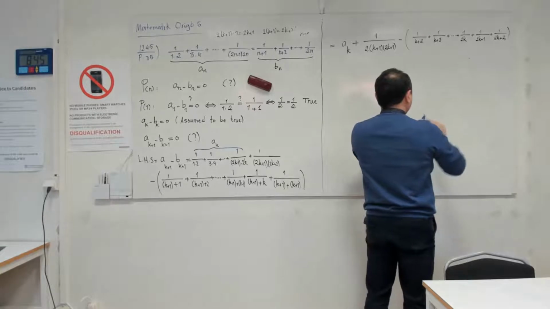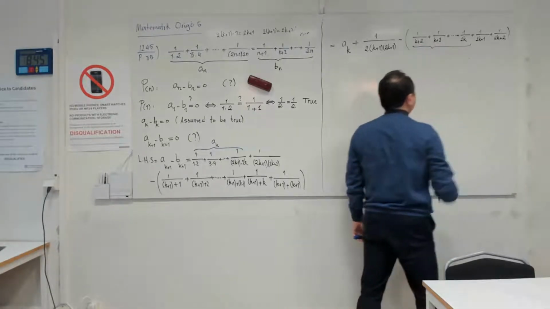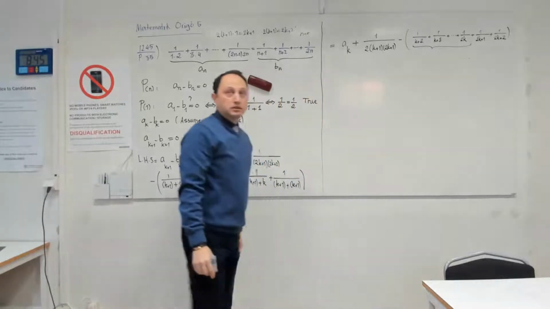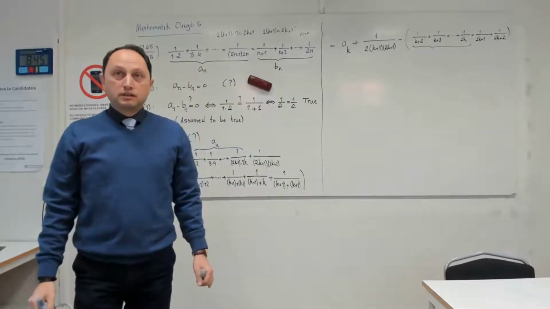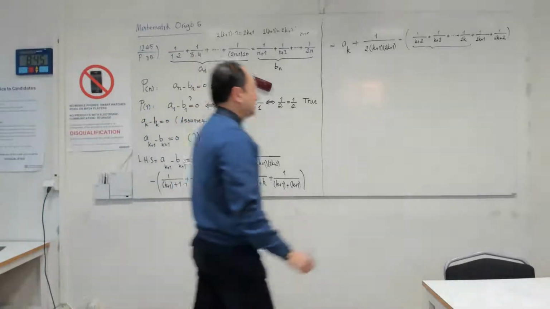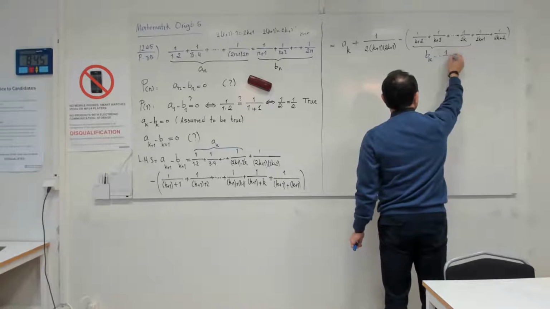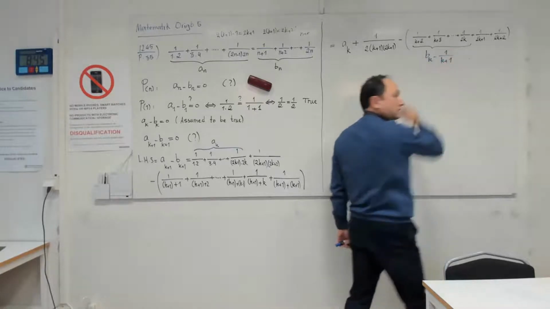So what can I write instead of this expression if I insist on writing something in terms of b? b_k minus 1 over k plus 1. Right? b_k, yes? Not b_n. b_k minus 1 over k plus 1. Is that understandable?